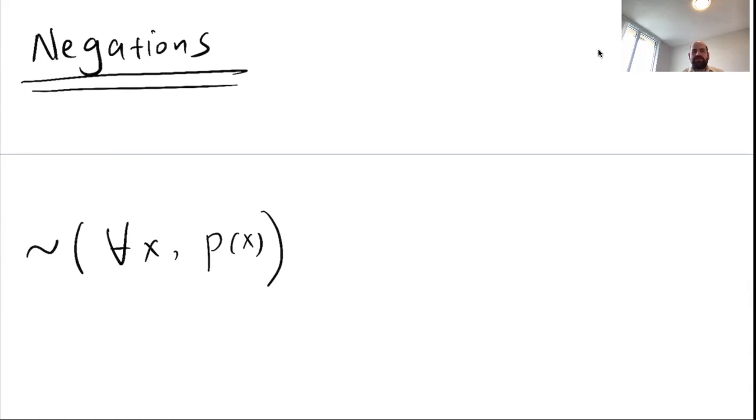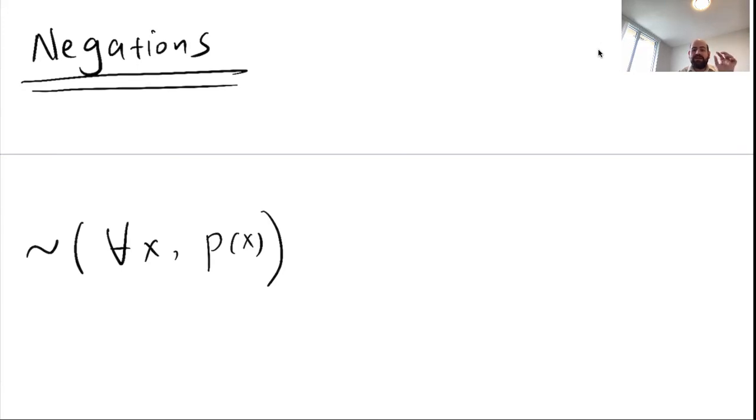Again, think about the example we did. When can I say that it's not the case that for each student in our Math 120 class, their GPA is more than 3.6? Under which circumstances can I say that?